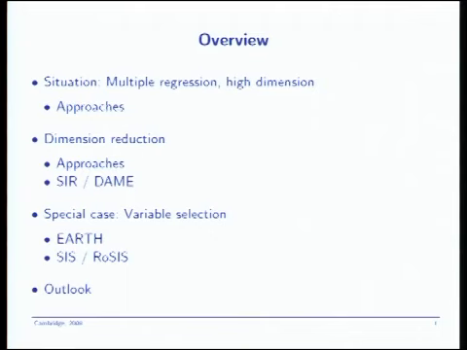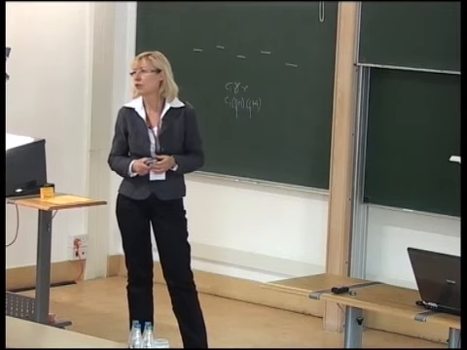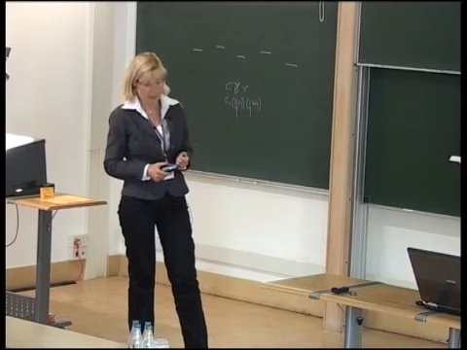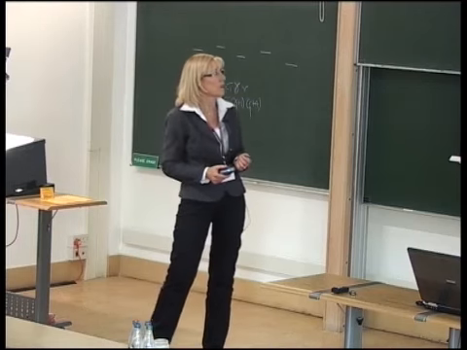And I'd like to review the new method called EARTH, introduced by Hel Doksum, and an even newer one just introduced by Jin-Keng Fan called THIS, and I think that had been mentioned already by Peter in his talk. Okay, and I'll conclude with a short outlook.